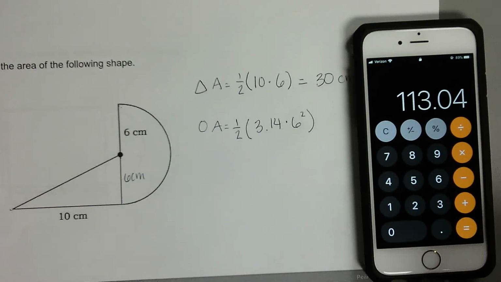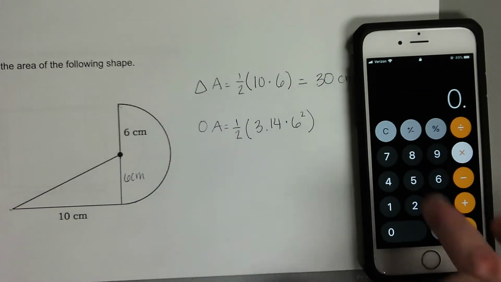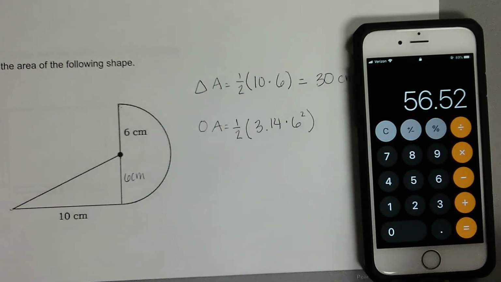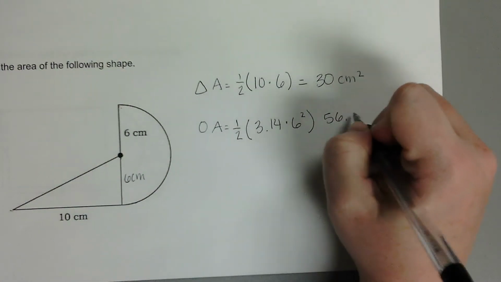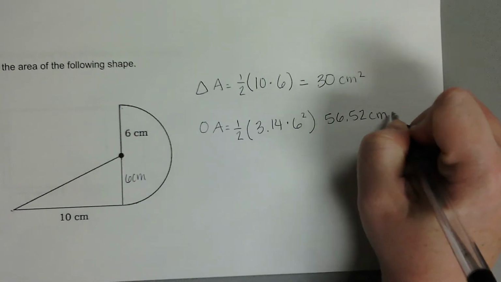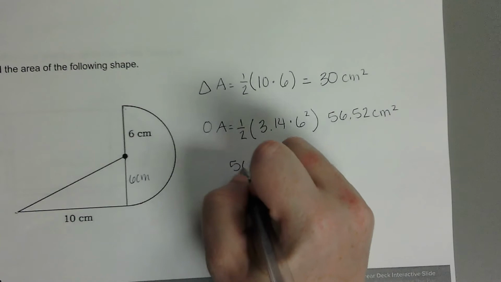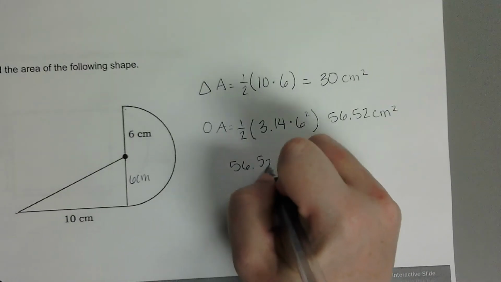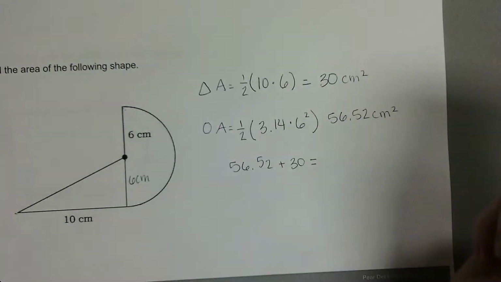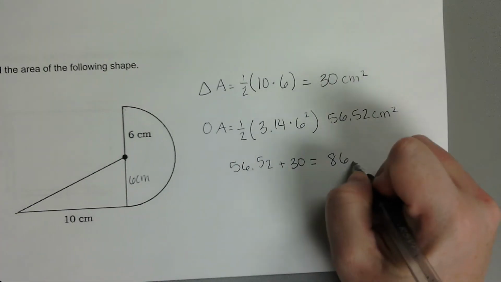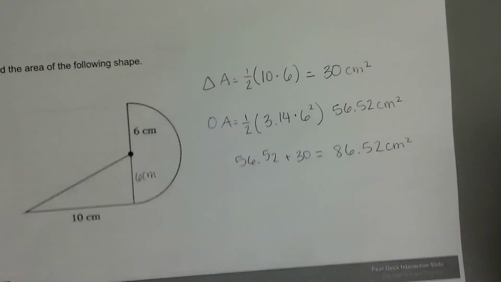All right, so we get 113 and 400ths. We only want half of it, so we're going to multiply by a half. 56 and 52 hundredths. And we need to combine them. So 56 and 52 hundredths plus 30. We get a total area of 86 and 52 hundredths centimeters squared.